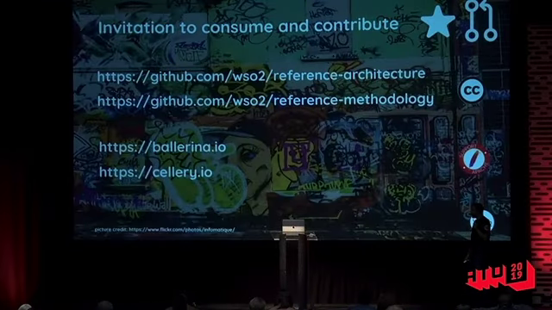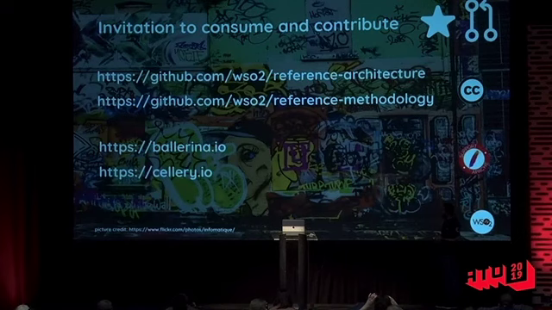So what I want to tell you is, kind of, an invitation to consume and contribute. The two specifications, the reference architecture and the reference methodology, we released under Creative Commons, and these two projects are released under Apache. For the specifications, we want to make it a community project. That's why we released it on GitHub and as Creative Commons.